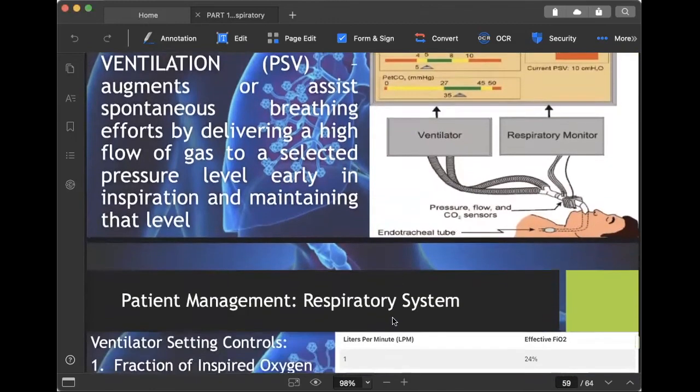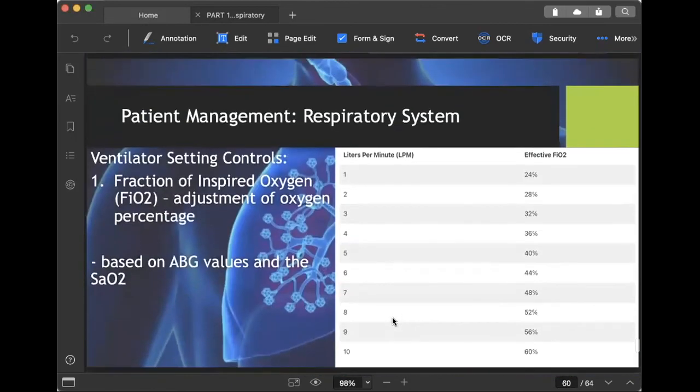We have here the patient management respiratory system ventilation, ventilator setting control. We have your FiO2 or your fraction of inspired oxygen, which is the oxygen content that is inhaled that helps the exchange of gases at our alveoli level.